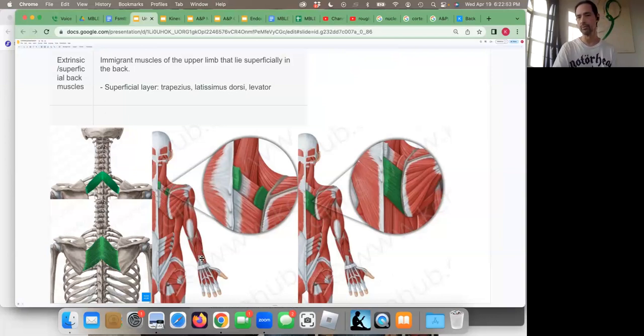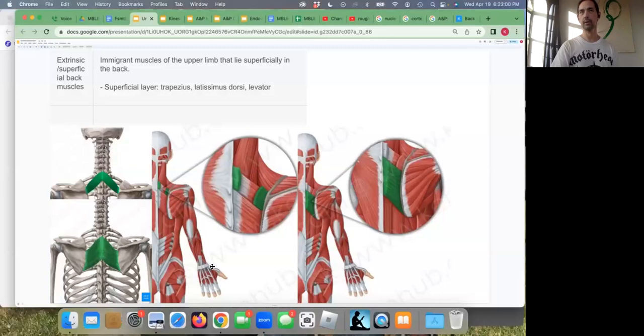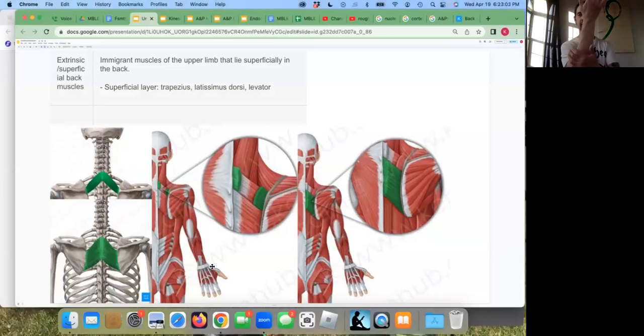The muscles of the forearm, just so you know, I think you're perfectly safe if you learn the muscles of the forearm on the radial side versus the ulnar side. Here's the ulna, and here's the radius. Ulnar side this way, radial side that way.